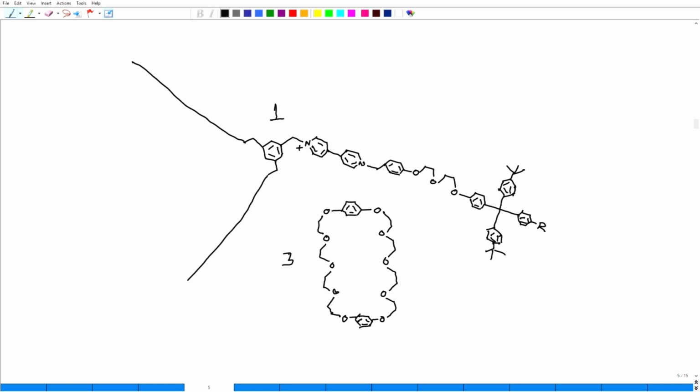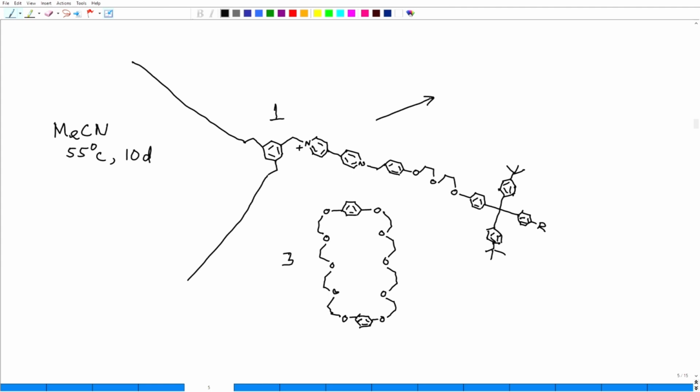Then what will happen? Same thing, in MeCN medium, 55 degrees Celsius, 10 days, and what do you get? Now I am drawing, you will understand.